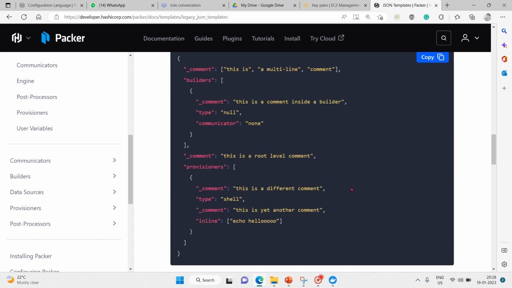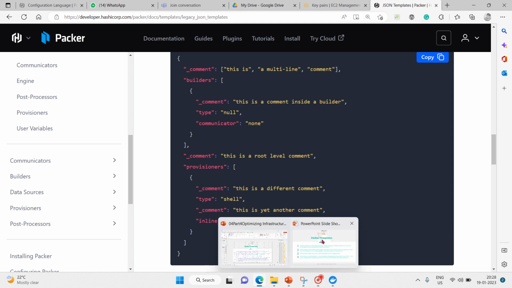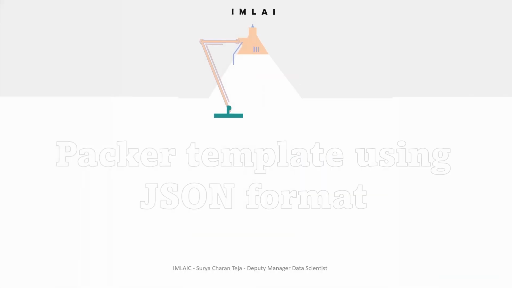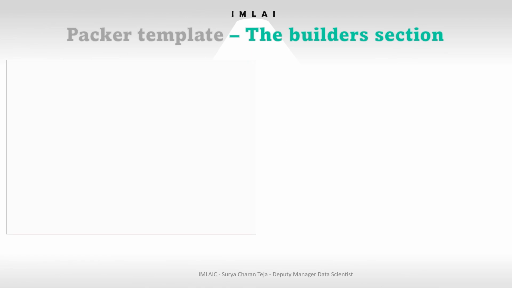Anyway, now we are going to work on JSON first. So now we are going to build the Packer template using JSON format. That's what our initial exercise is. Once JSON is done, then let's move to HCL. Okay, so let's begin with the builder section.